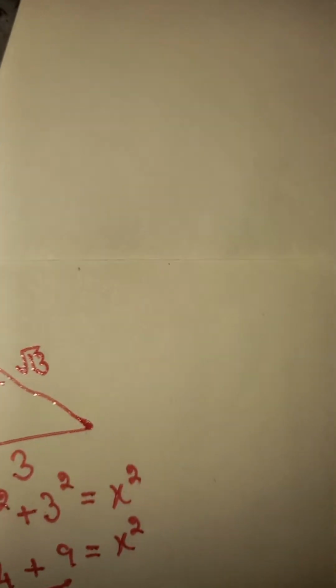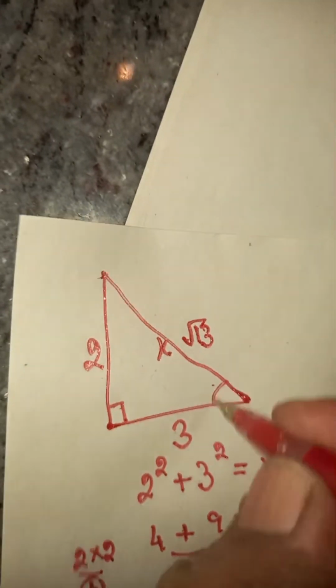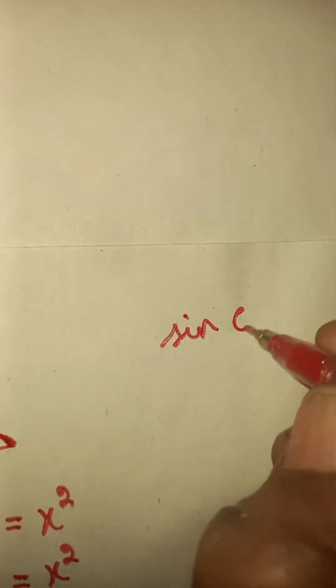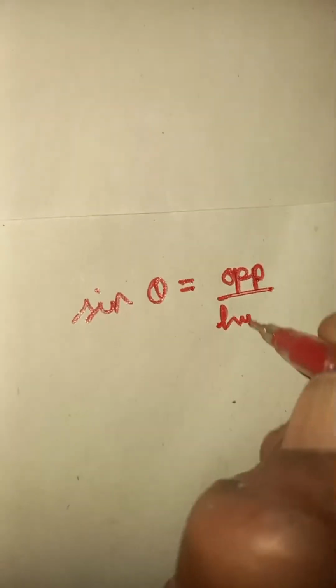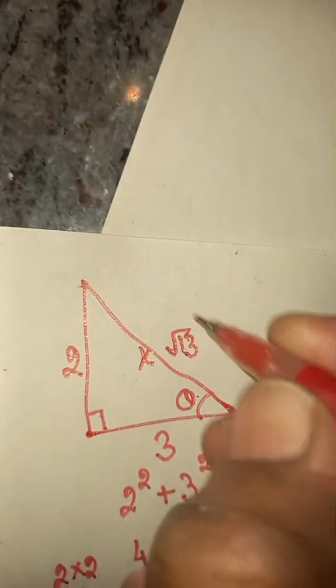Now let's find out the trigonometric ratios. Sine of this angle, they have given us theta. Now find sine of theta. That means opposite to this angle theta is this side, divided by the hypotenuse, which is root 13.